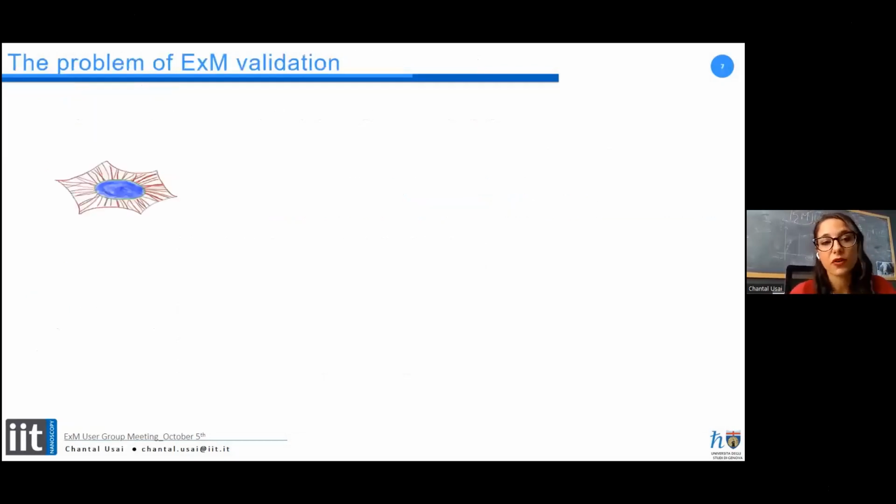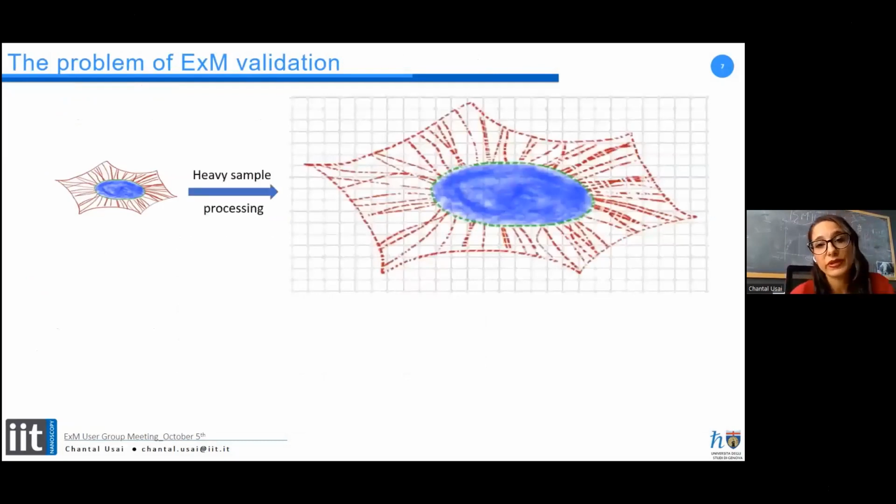So we're starting from our biological sample. In our case, let's consider a cell. And we always have to keep in mind that there is heavy sample processing involved.